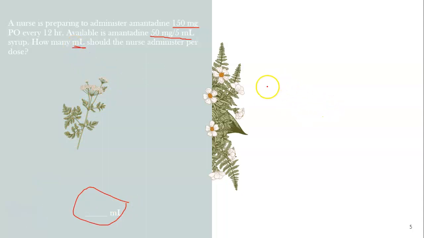So that's easy enough. My desired over have times my quantity. So what do they want me to give? 150. What do I have on hand? My 50. In what? 5 mils.